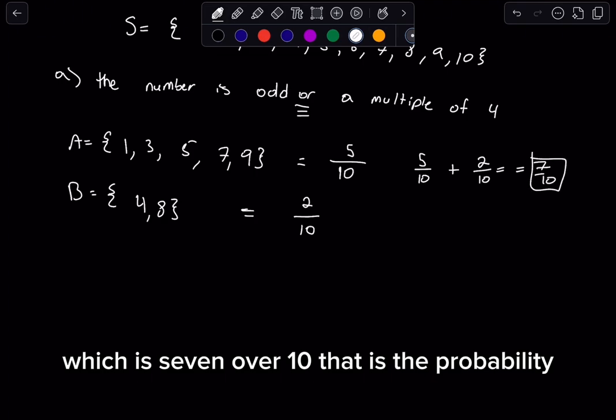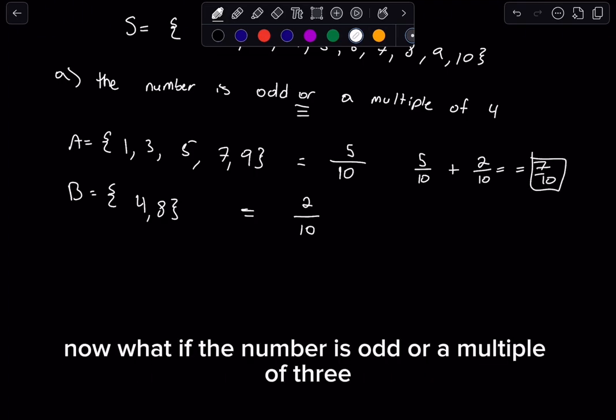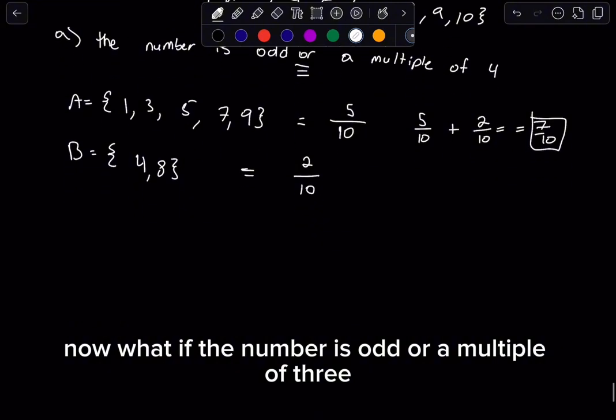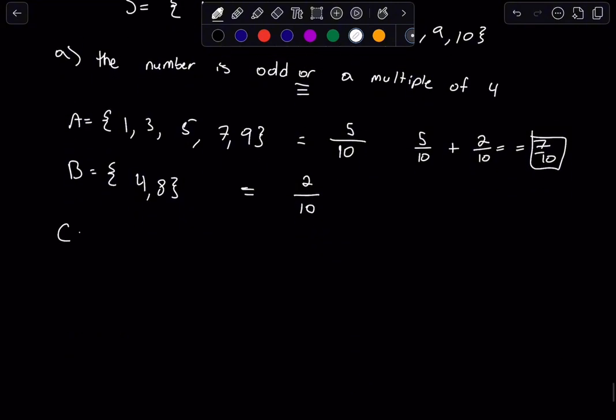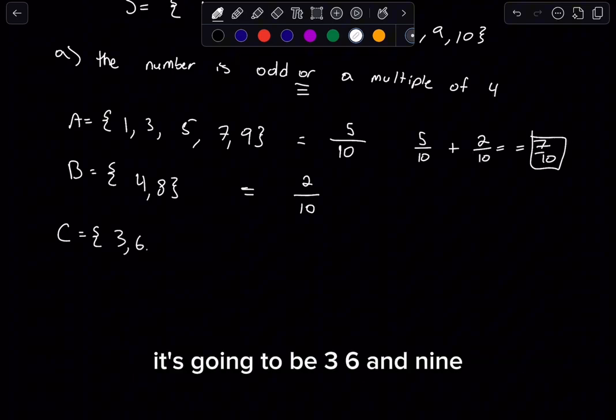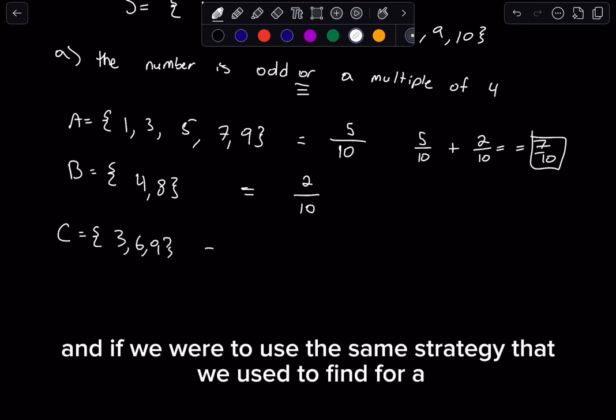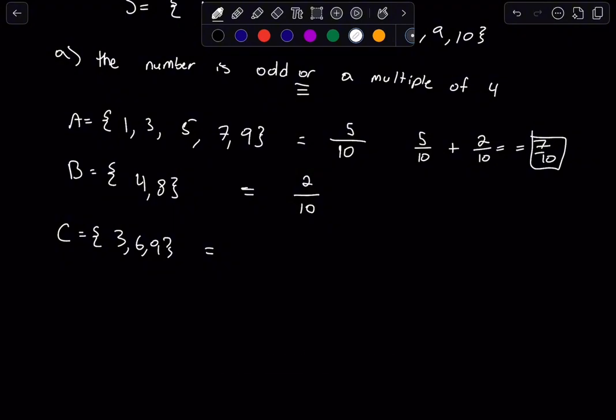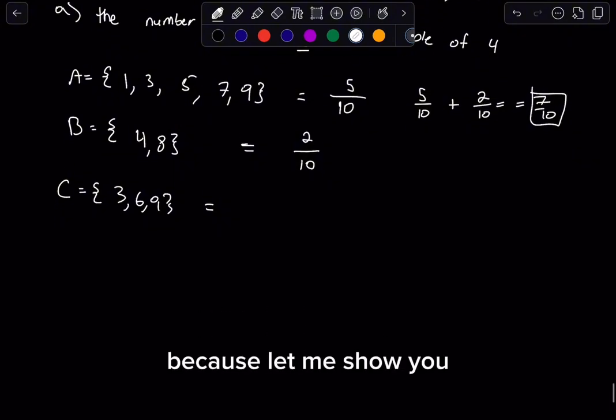That is the probability. Now, what if the number is odd or a multiple of 3? If the number is a multiple of 3, it's going to be 3, 6, and 9. And if we were to use the same strategy that we used for the first case, it wouldn't work, because let me show you.